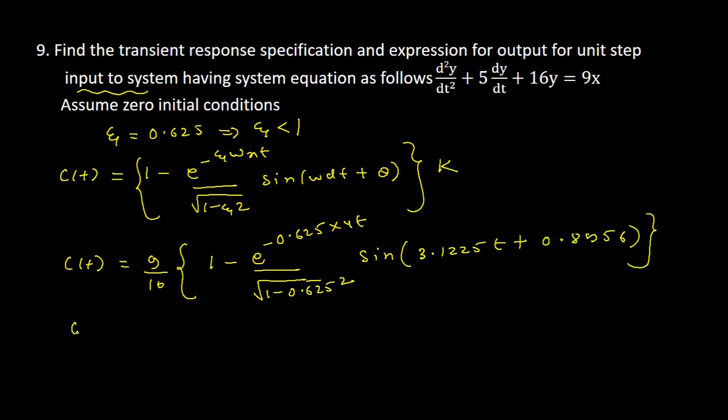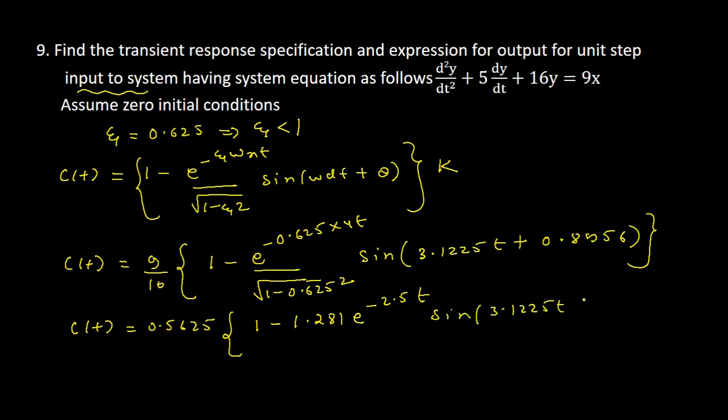Now the output response c(t) will be equal to 9 by 16, which is 0.5625, into 1 minus 1.281 into e to the power minus 2.5 t into sine of 3.1225 t plus 0.8956. So this is the equation of the output response.